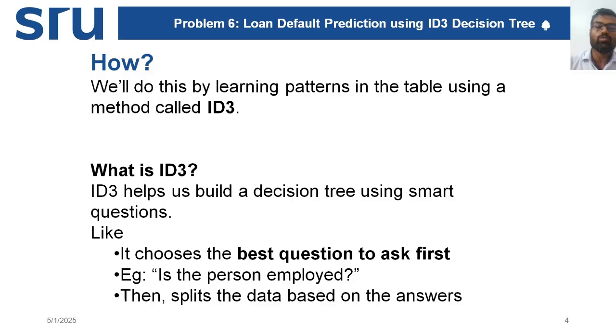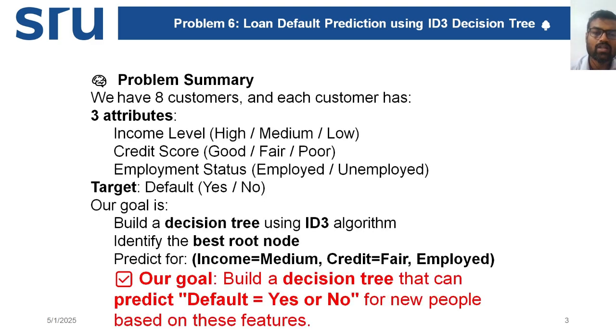How are we going to do that? We want to understand the patterns inside the given data set using the ID3 decision tree. What is ID3? It asks smart questions, like which question to ask first. Is the person employed? If he is employed, then he may pay the money back after taking the loan.